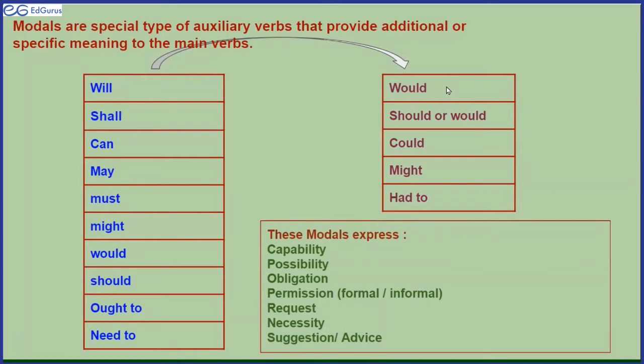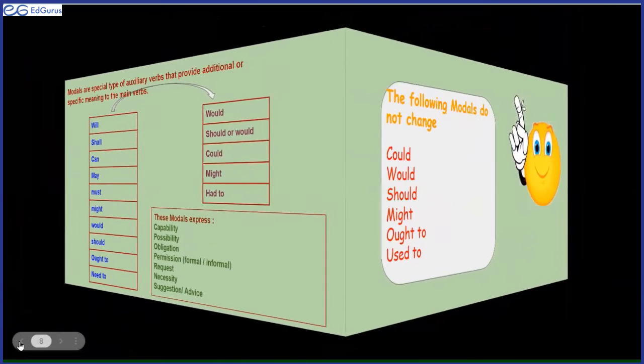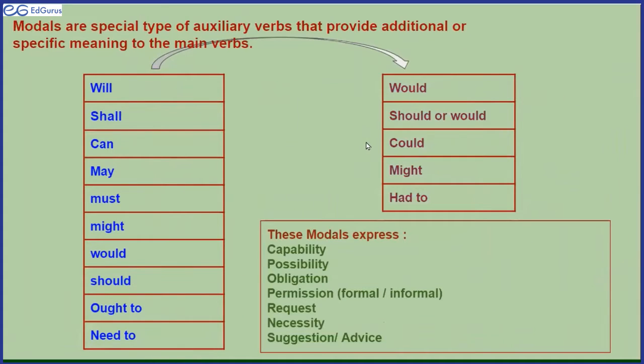Would is the past form of will, but it is not only used as a past form. It has some other function also, which you will get to know. Similarly, shall in the past form is changed into should or would, but it has an additional function as well, right? Can is changed into could. Again, along with the past form, it has an additional meaning also.